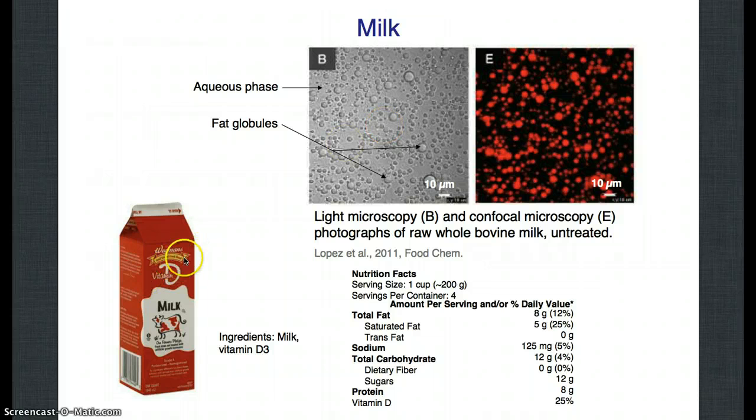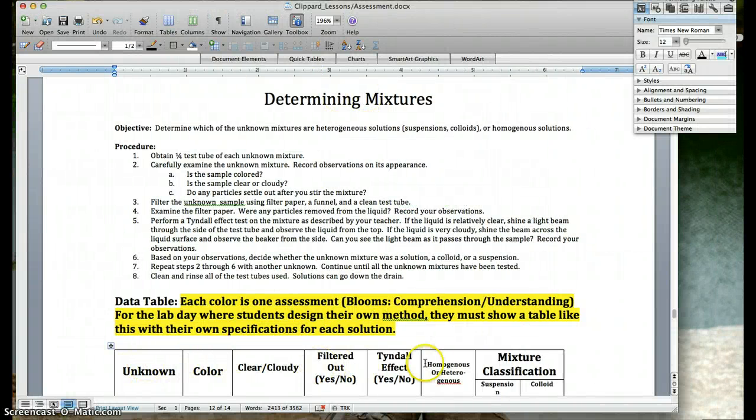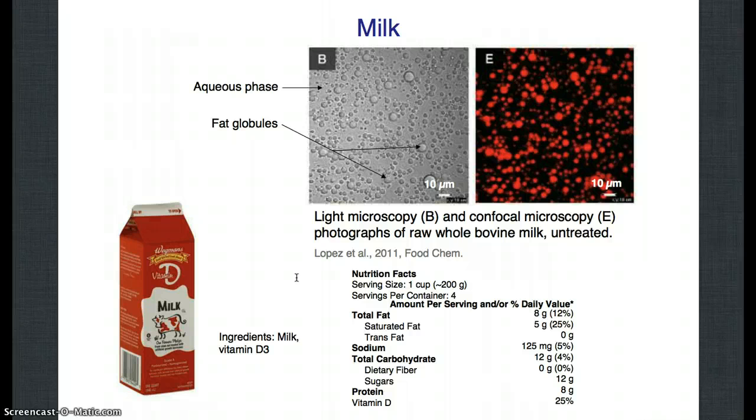Although we see milk with our human eye as a white liquid, when you put it under a microscope, you can see that it looks like this. So using this picture as a reminder, I'd like you to fill out this table on your worksheet at home. If you need more time, pause the video right now.